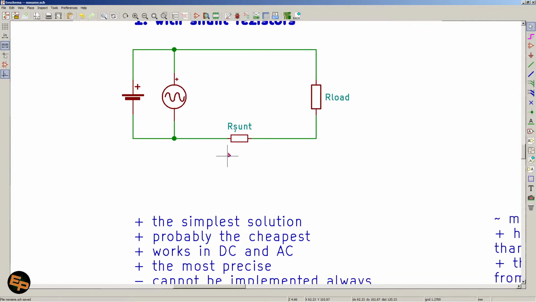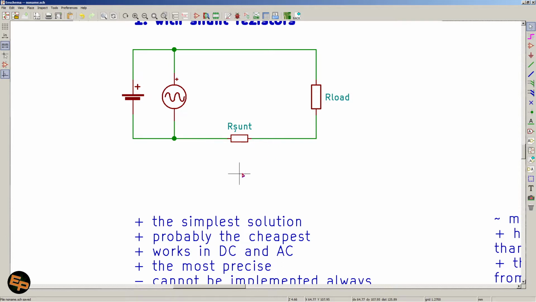Another advantage is that it works equally well in both DC and AC. A resistor doesn't care about the current that passes through it, so that's definitely a pretty big advantage. And the third advantage is that it is the most precise of all measurement methods.